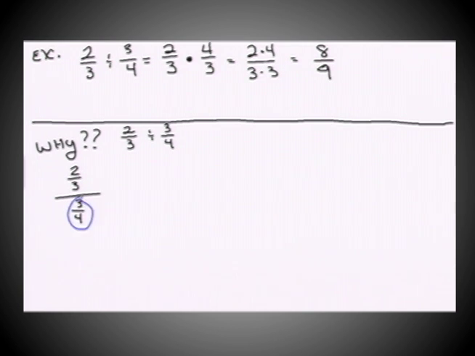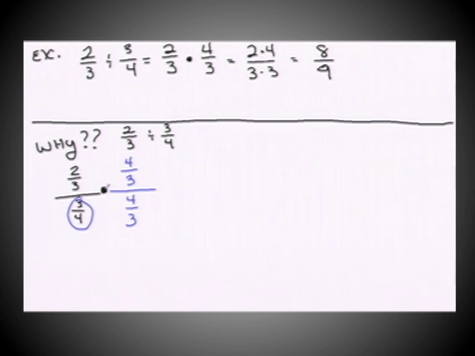So my denominator is 3/4. The reciprocal of the denominator is 4/3. So I'm going to multiply by 1 in the form of 4/3 divided by 4/3. Now, 4/3 divided by 4/3 is just 1.